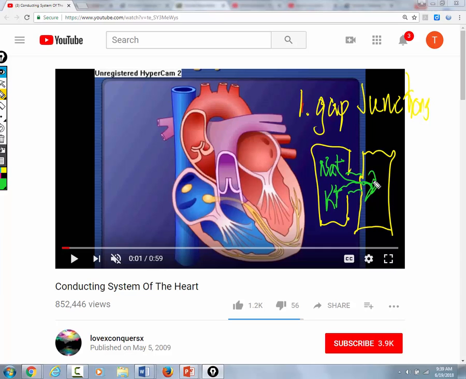Do you got that? The other feature found in heart cells are these things called intercalated discs. And these intercalated discs tie individual heart cells together. Think of people in a tug of war, right? They're tied together by the rope, and even though they're individual people, they're pulling together. You got me?